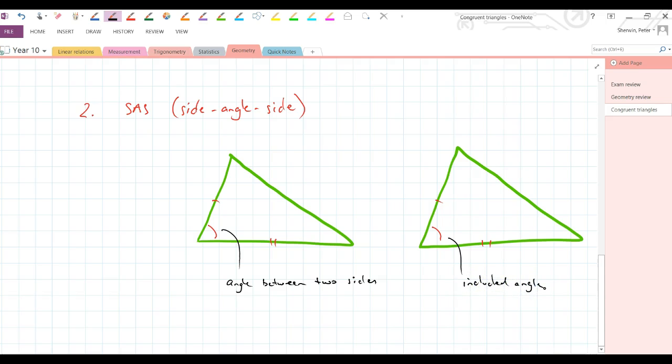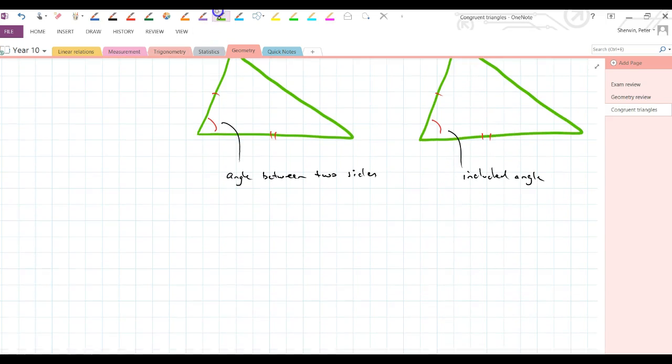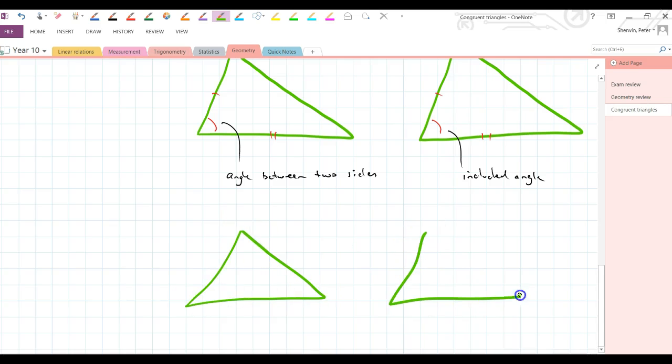Okay, so you could have side, angle, side, but if, don't write this down, that's alright, I'm going to get rid of this in a sec, but if we were given, let's say 2 triangles here like this, and we said, yeah, that's equal to that, go for it, that's equal to that, no worries, but this angle and this angle are the same. Okay, I've got 3 bits of equal information.